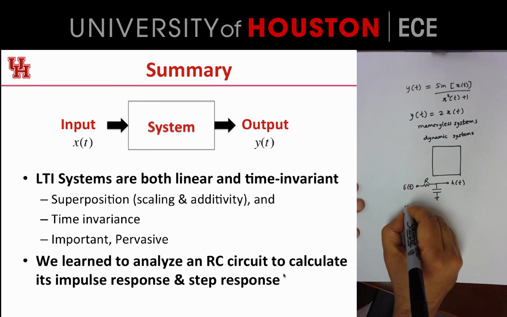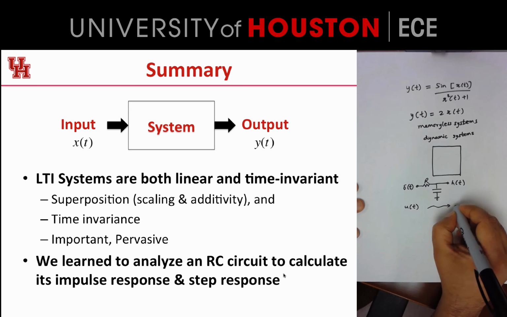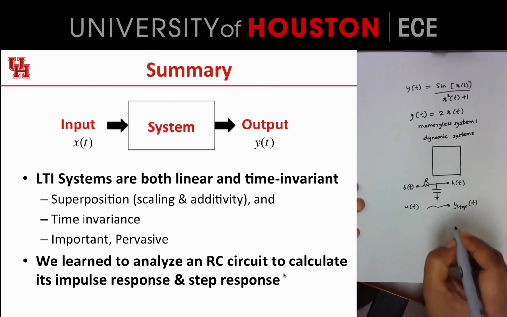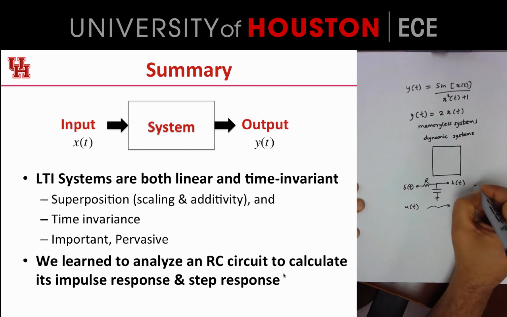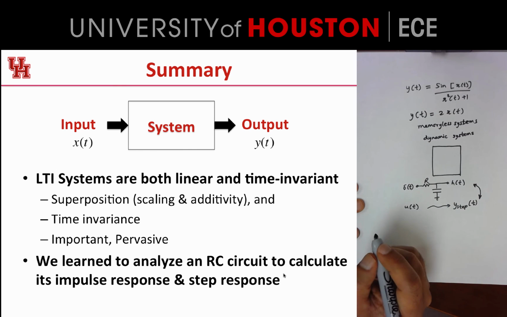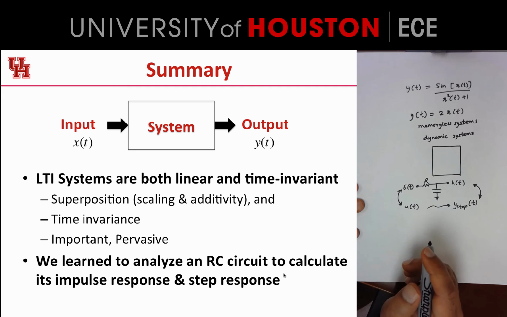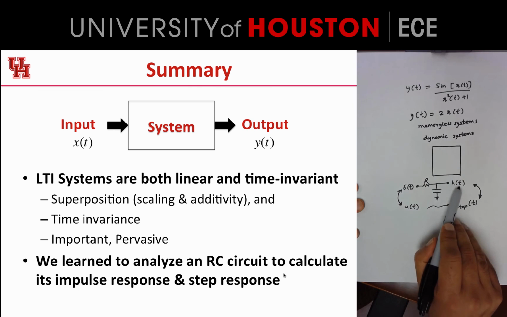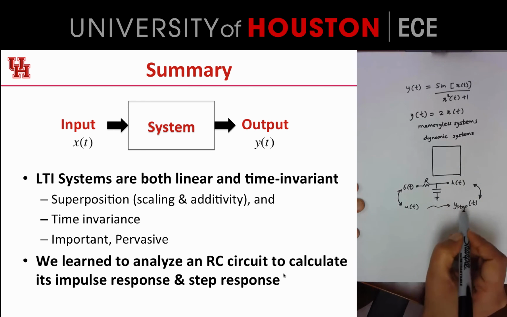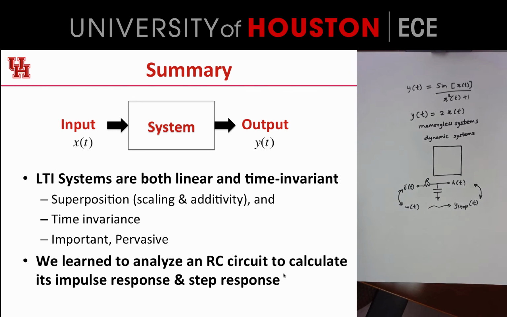Then we also, from first principles, integrated the formula to figure out what the output should be for a unit step function. And then we sort of understood the relationship between these two, and that reflects the relationship between these two. If you integrate the delta function, you get the unit step function. If you integrate this, you'll get this, or if you differentiate this, you'll get this. So it works very nicely.